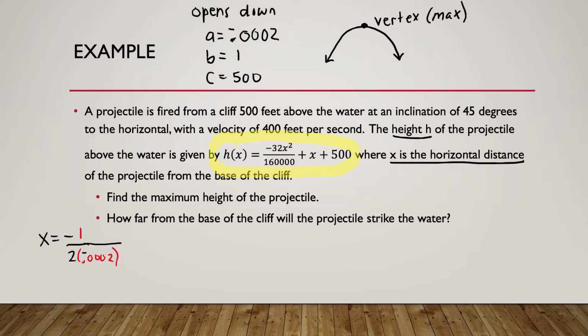All right, so let's go to our calculator and see what we get when we do that. So if I take on the bottom of that fraction 2 times a negative 0.0002, that's going to give me a negative 0.0004. And if I divide those out, that is going to give me 2,500 for my x.